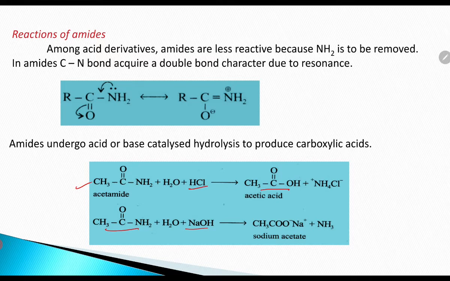That is, acetamide is converted to sodium acetate on hydrolysis with water in the presence of sodium hydroxide. So, amides undergo both acid catalyzed hydrolysis to give carboxylic acids and base catalyzed hydrolysis to give the salts of the carboxylic acids.